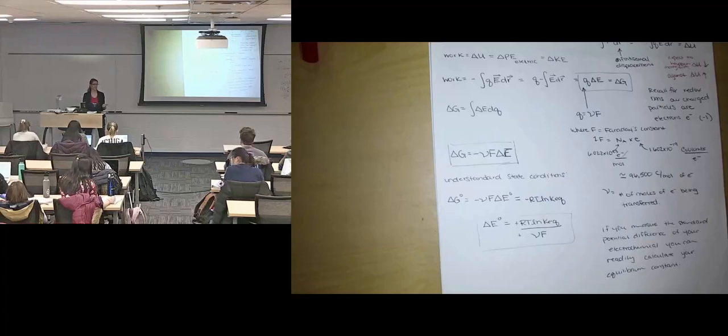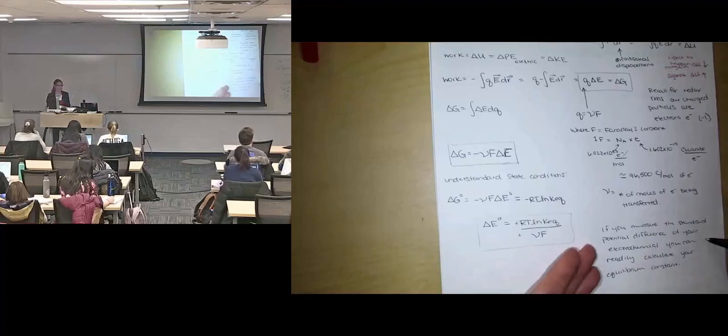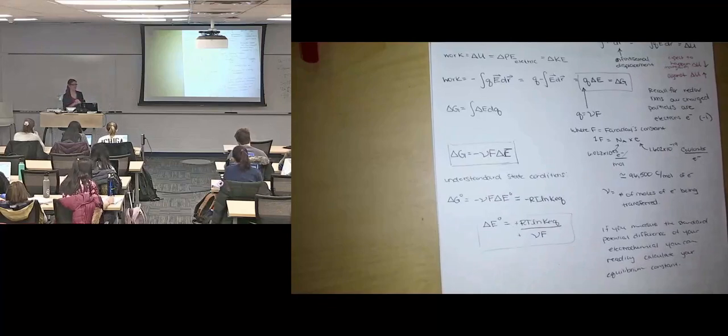You could use an NMR spec, and the last one was some sort of light spectroscopy, an absorbance measurement or a transmittance measurement through your solution. So now I can set up an electrochemical cell, get a standard potential, and use that to calculate the equilibrium constant. Alternatively, what we will later show is we could measure concentrations of an actual reaction in an electrochemical cell and figure out the standard potential. Either way.